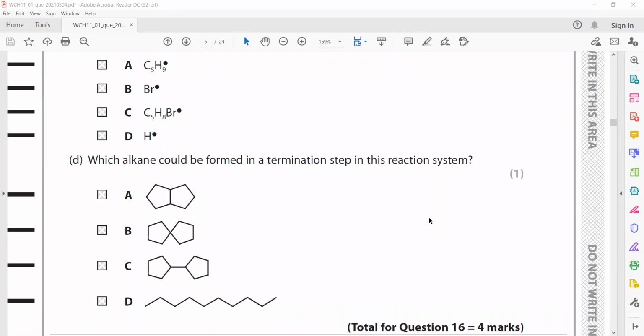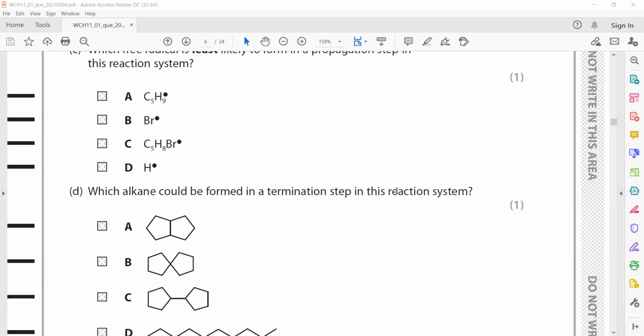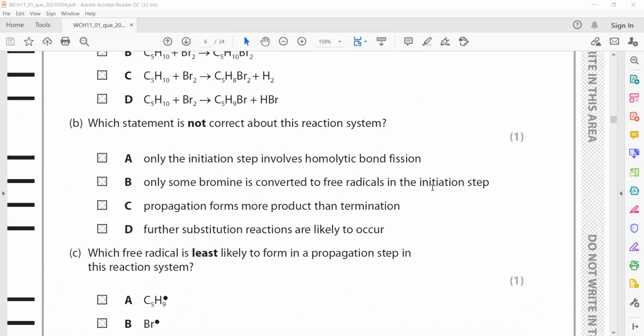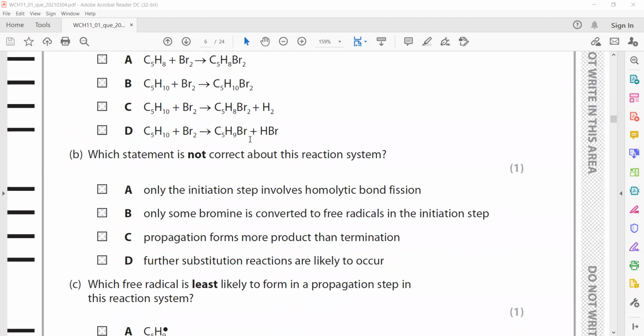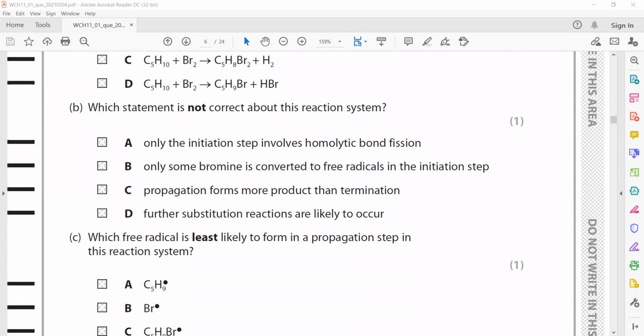Which alkane could be formed by termination in this reaction system? So you have a cyclic alkane. The termination step means when the free radicals join together, all these free radicals will link with each other.